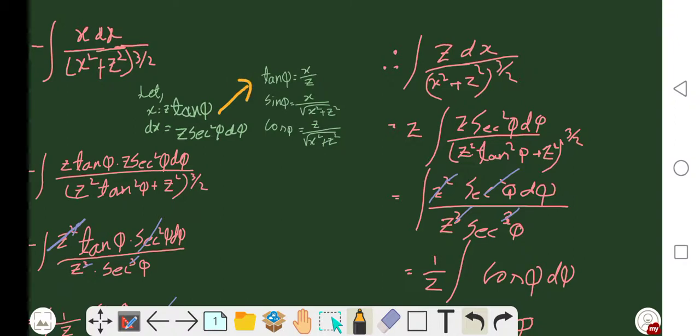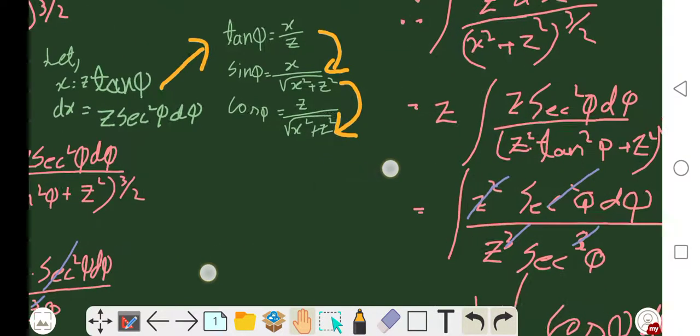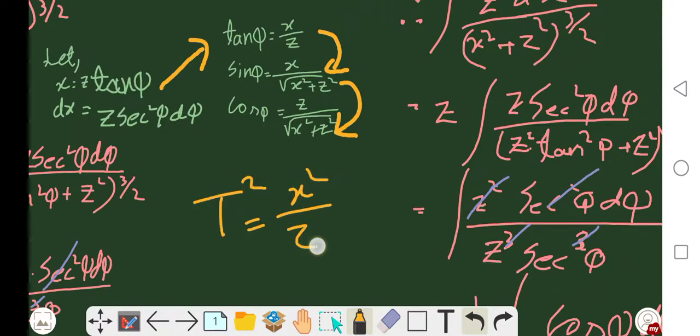and tan phi equals x by z, and from the formula of trigonometry we can calculate sin phi and cos phi from tan phi. Like tan phi equals x by z, then tan square phi equals x square by z square.